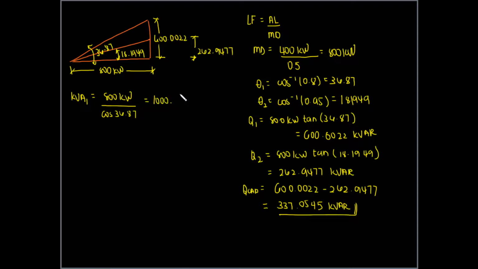So that's our original kVA. And the other kVA after the correction must be 800 kilowatts divided by cosine of 18.1949, which is 842.1054.